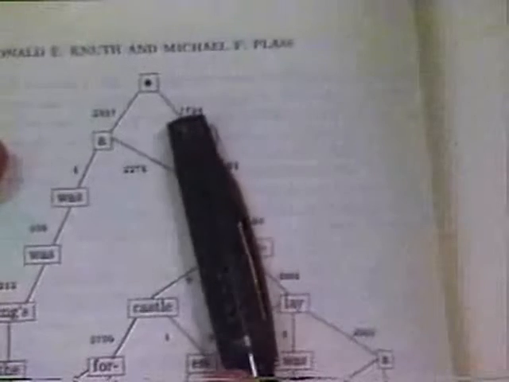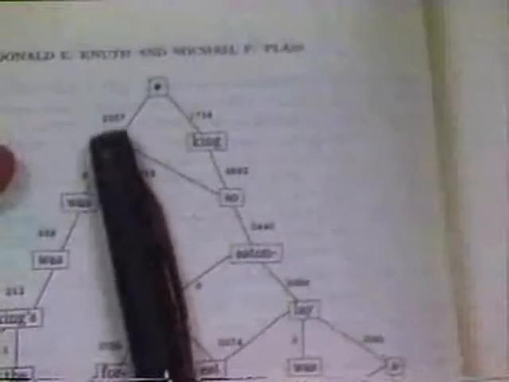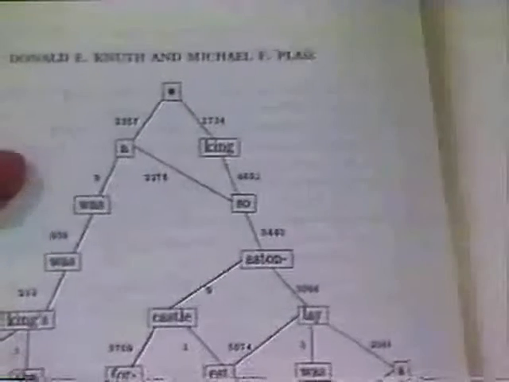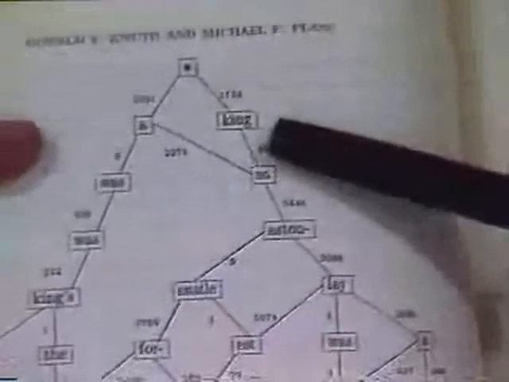The main idea was that if you broke after king, you would pay 1734 demerits. Breaking after A, you pay 2357 demerits, and so the best fit algorithm would choose king. It was a better way to do the first line.